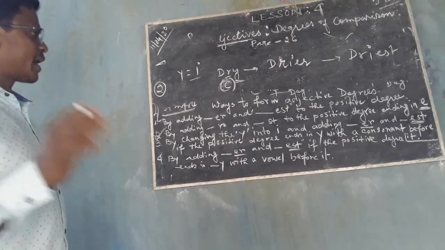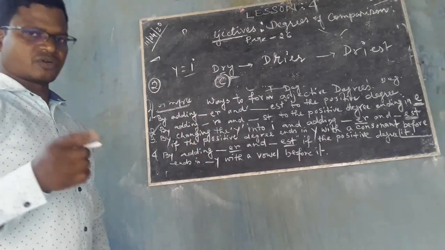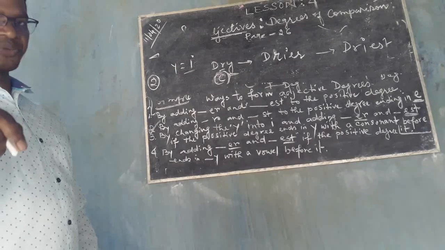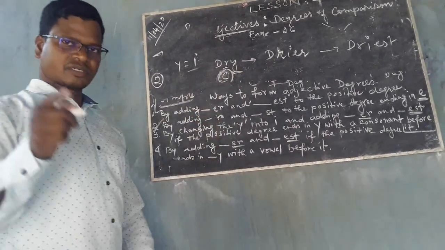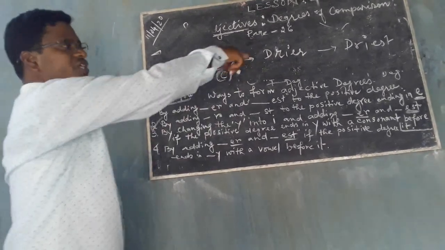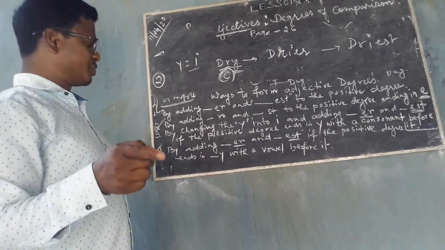I am telling you once again, if a word ends in y, and the second last letter is a consonant, only then you will change it into i. I hope I have made it clear to you.